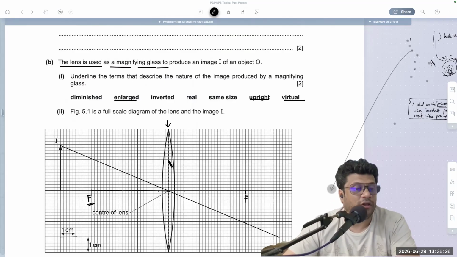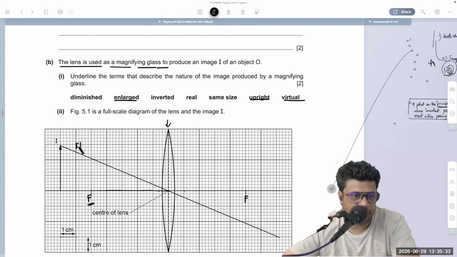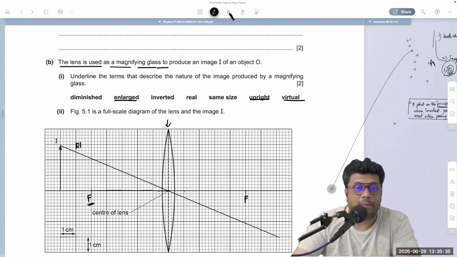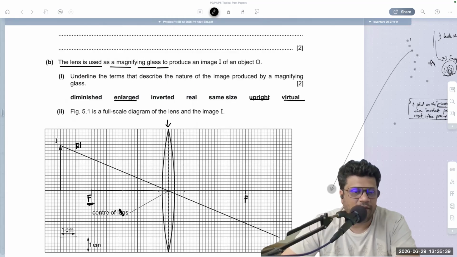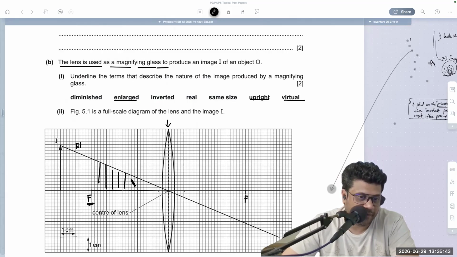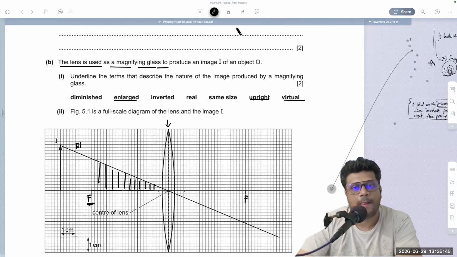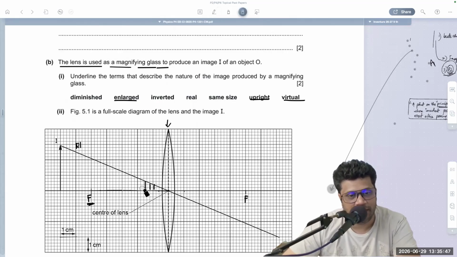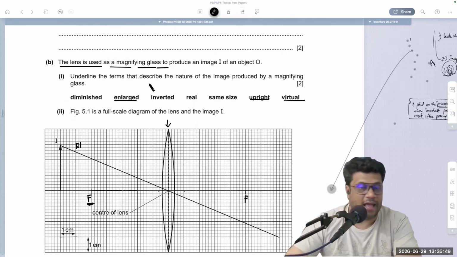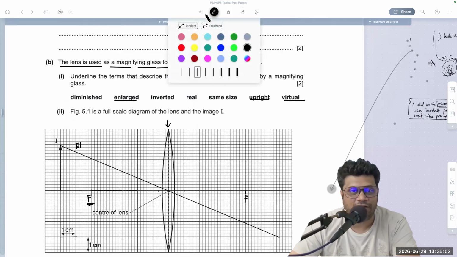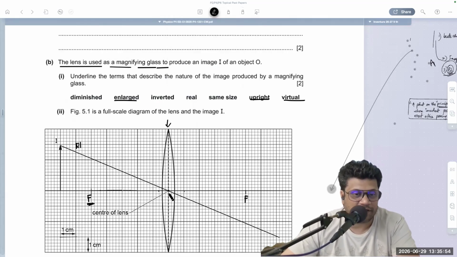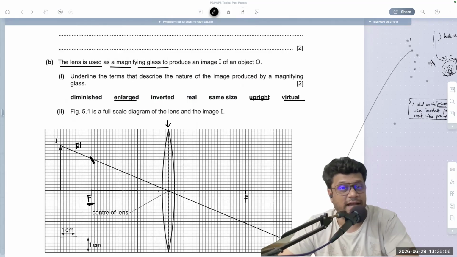So if I follow the rules, rule number one, there it is. That's one of the rules being followed. I need to place the object between the focus and the lens, so the object needs to be somewhere here. That's where the object is supposed to be. I'm going to make sure that my object is between the focus and the lens and on the same side as the image.